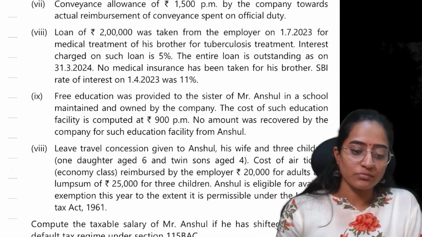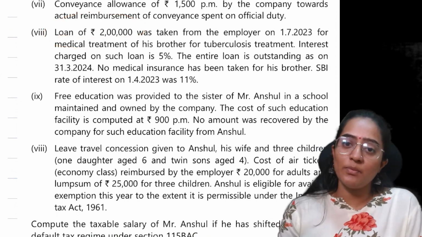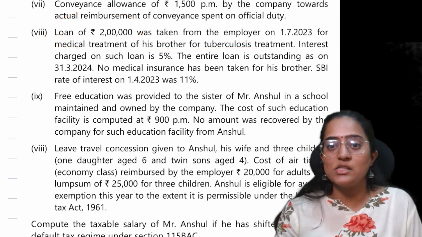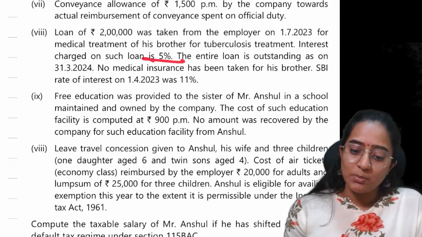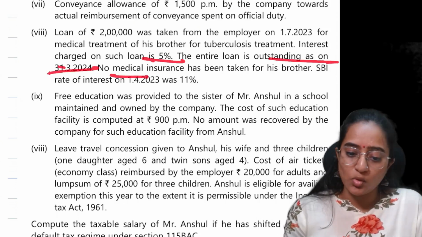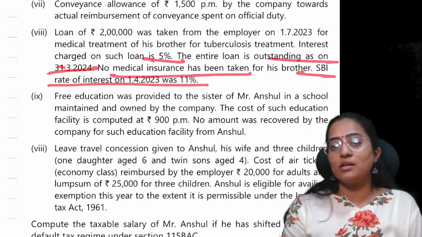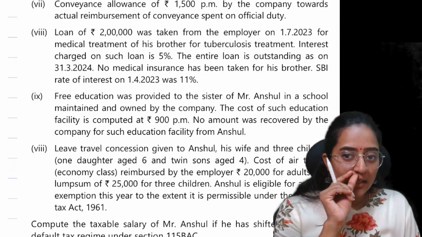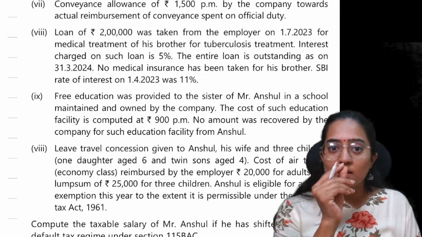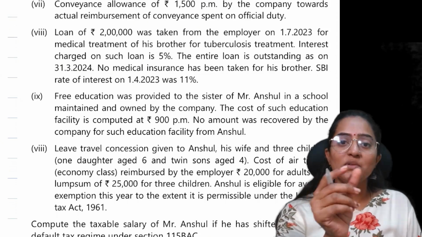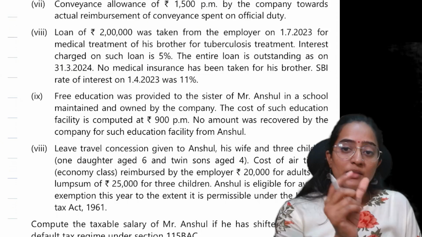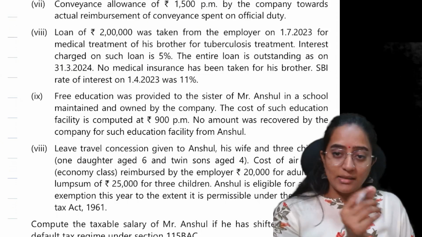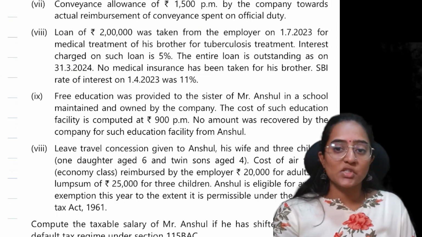Making sense? A loan of 2 lakh was taken from the employer for medical treatment of his brother, that is tuberculosis. Interest charged was 5%, no medical insurance has been taken, SBI interest rate is 11%. Normally, the excess of the SBI interest amount minus the interest charged by the company, the differential interest amount, would be the concessional interest, that is interest concession, and that would be subject to tax.